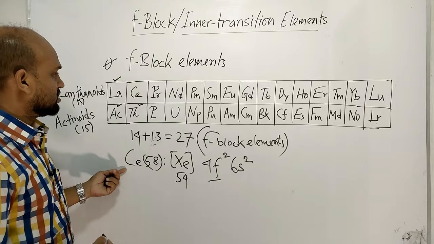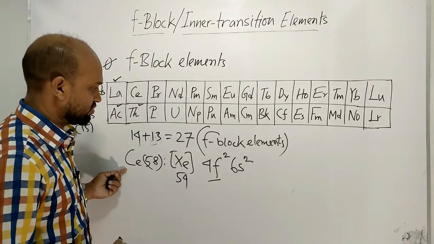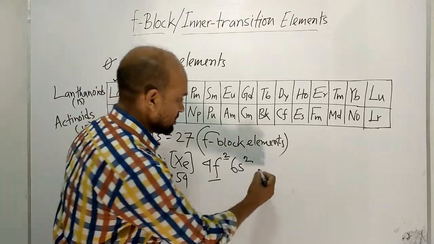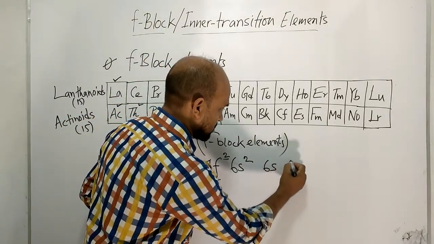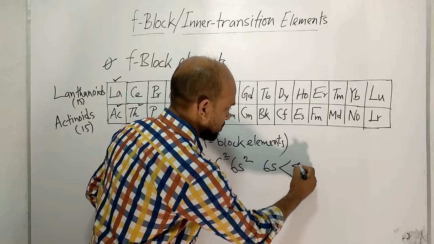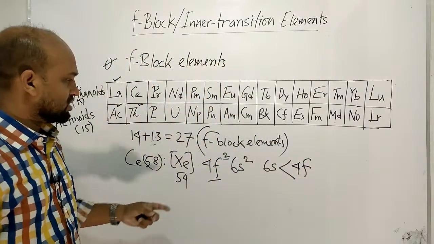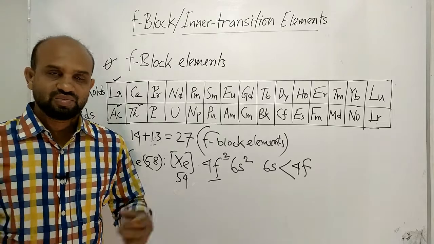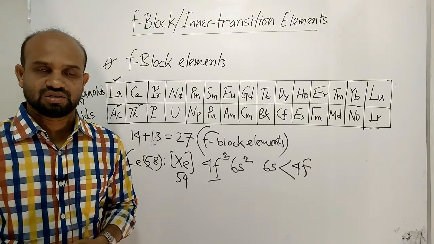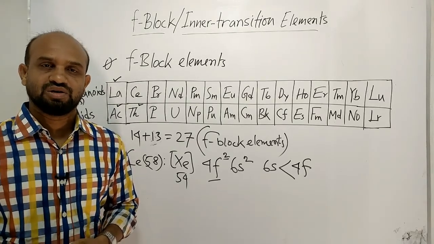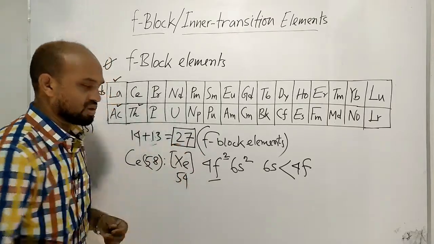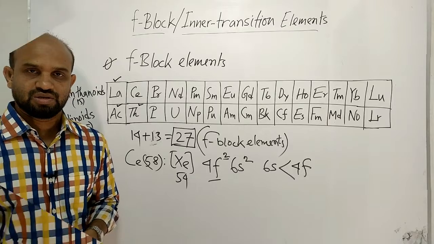So cerium is a kind of F block element because last electron enters F orbital. Here 6s is lower energy orbital than 4f. That is why last electron enters 4f orbital. So the elements in which last electron enters F orbital are called F block elements. These 27 elements are F block elements.